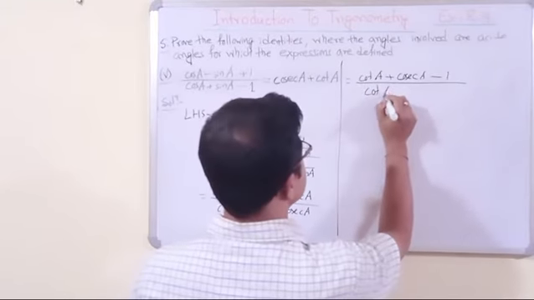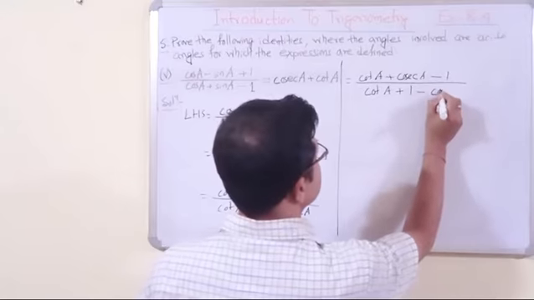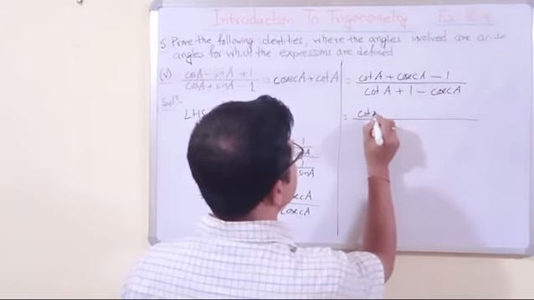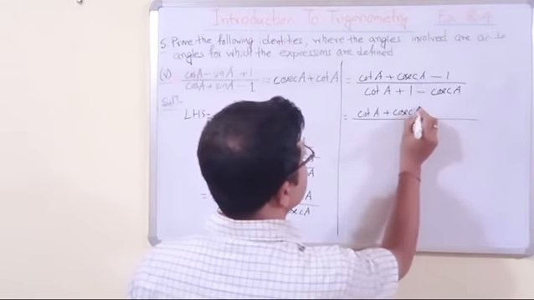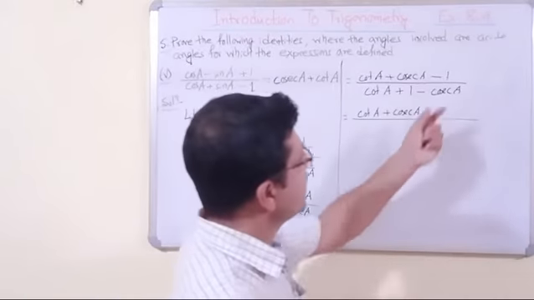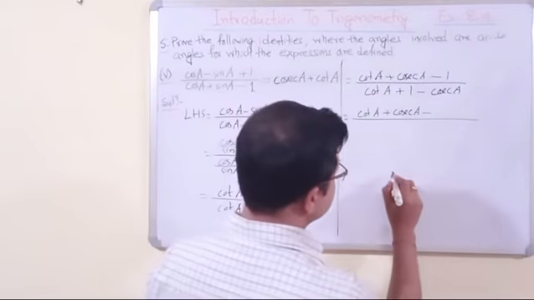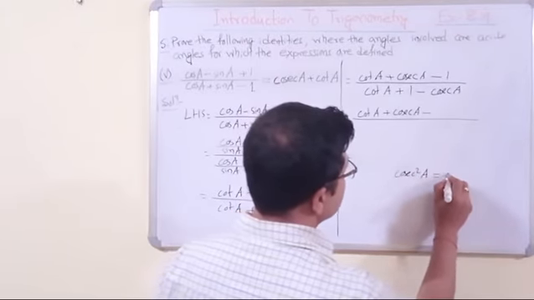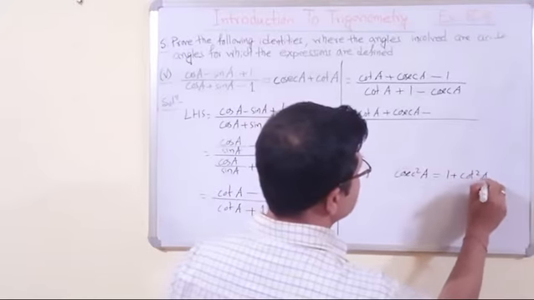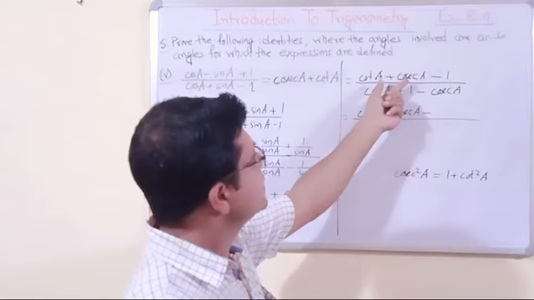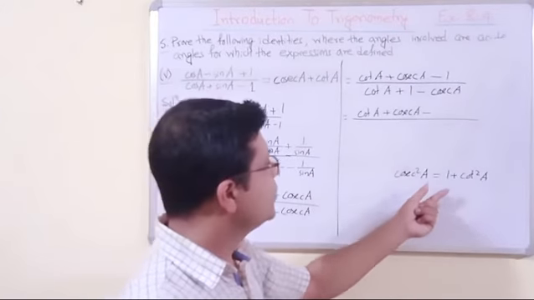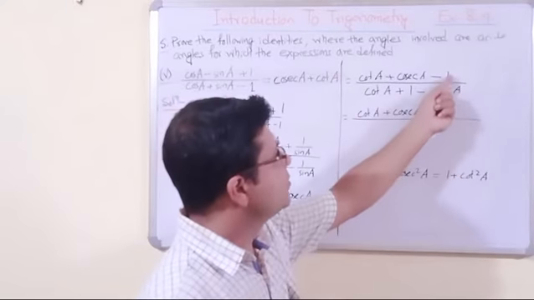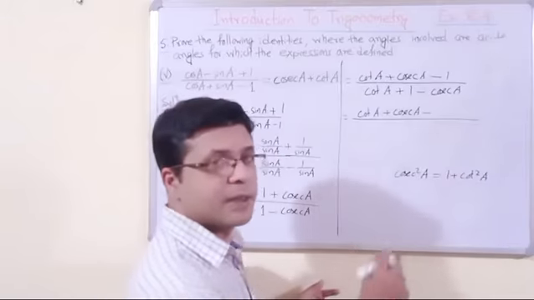The denominator will remain same, cot a plus cosec a. Now here we have to apply something. What is the identity? The identity is cosec square a is equal to 1 plus cot square a. Dear students, here in these expressions the square is missing, so we cannot apply this identity in place of cosec a or cot a. Here in place of this one, let us apply whatever result we get.